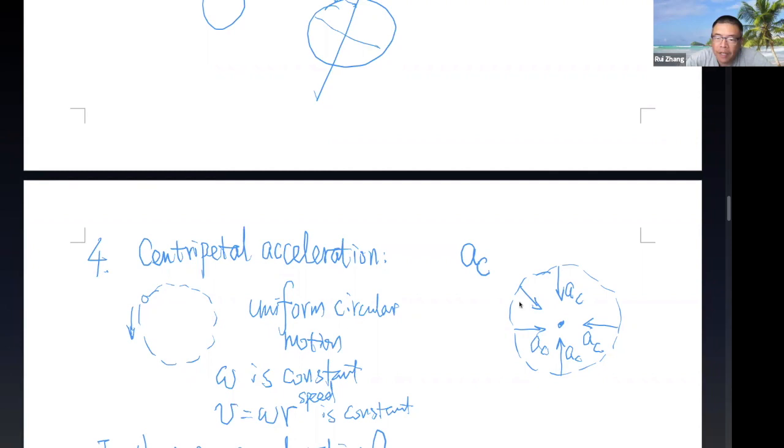Again, I emphasize it is critical to know that there is an acceleration and it goes towards the center. It exists for all rotations. As long as you're rotating, there is a centripetal accelerated motion, because the linear velocity changes direction all the time, so you need an acceleration to do that.